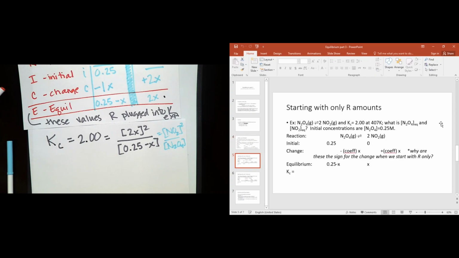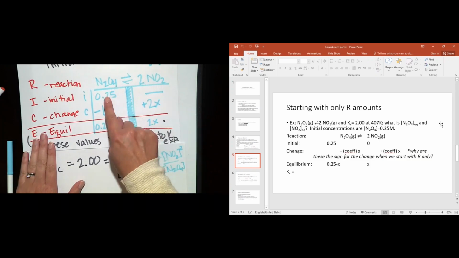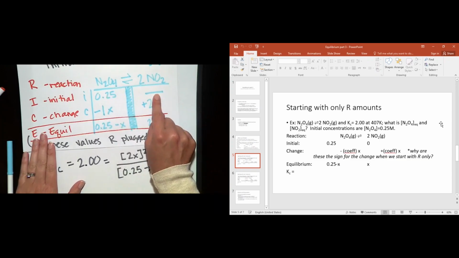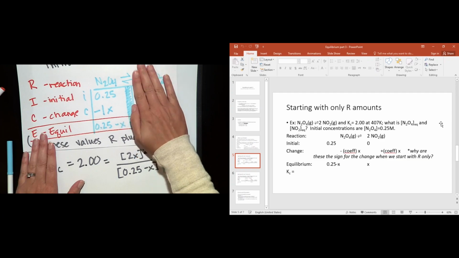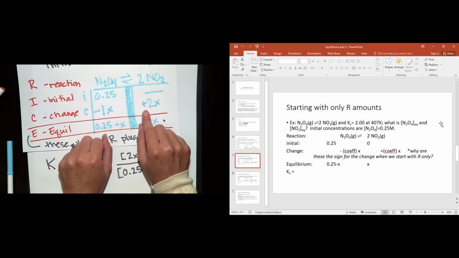Okay, so this is how we set it up. We set up a RICE table reaction, any initial amounts. If something isn't told explicitly in the problem that you're starting with some of that, then we don't have any. When you're starting with only reactants, in your change line, the negative has to go under your reactants and the positive has to go under your products.